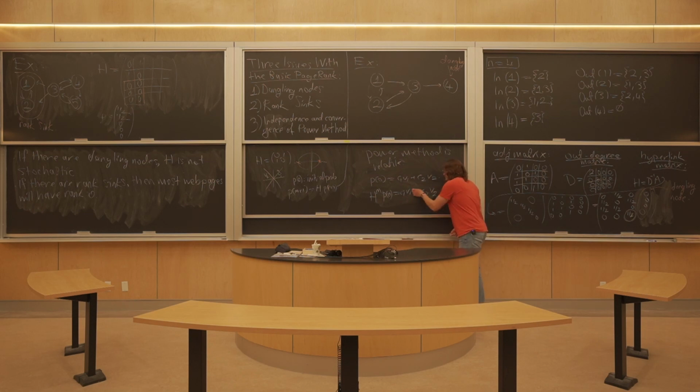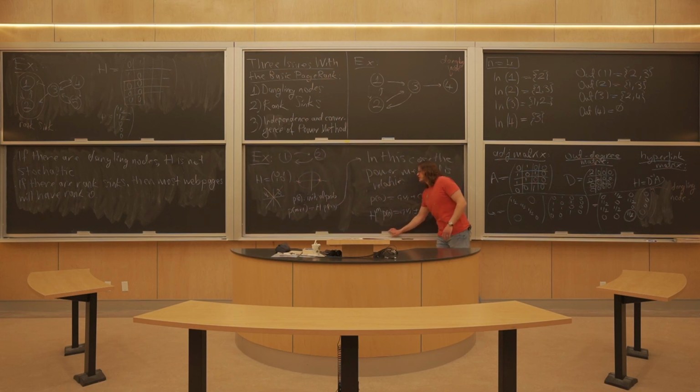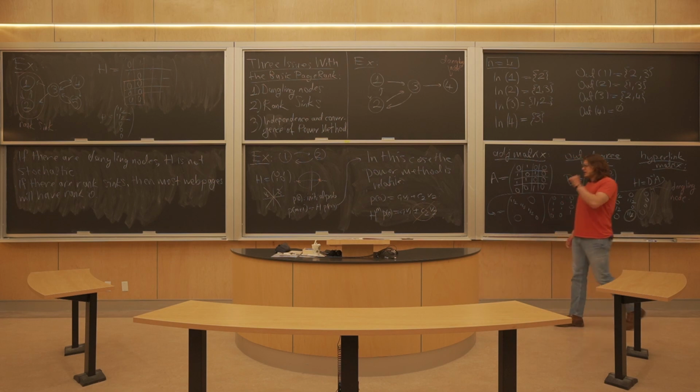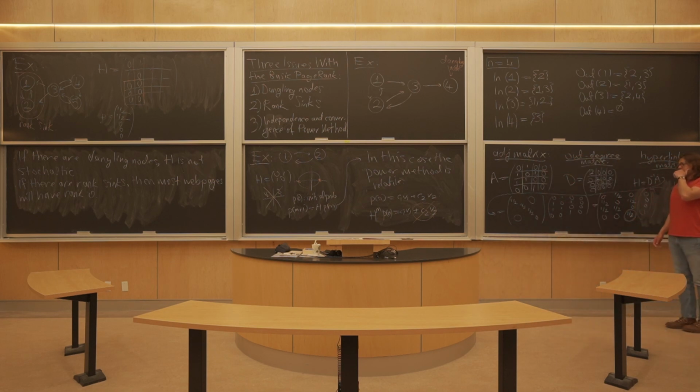This is the issue. You want this piece to decay as you take m to infinity. Okay, so these are the three main issues with this basic PageRank algorithm that I wrote.